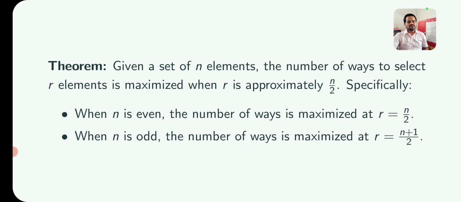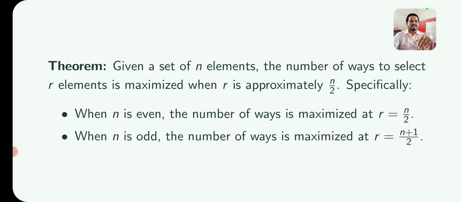So how can we show these results when n is even? Here it is already given that there is a set of n elements and R elements that we have to maximize, where R is approximately n by 2, and it depends on whether n is even or odd.